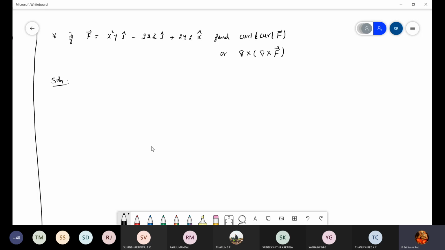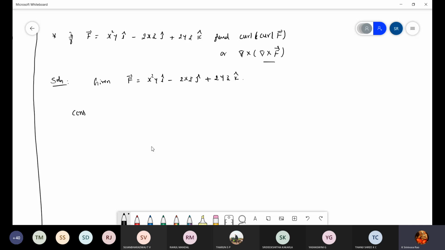Yes. Do it the same way. Given f equals x square y i cap minus 2xz j cap plus 2yz k cap. First calculate this curl f.